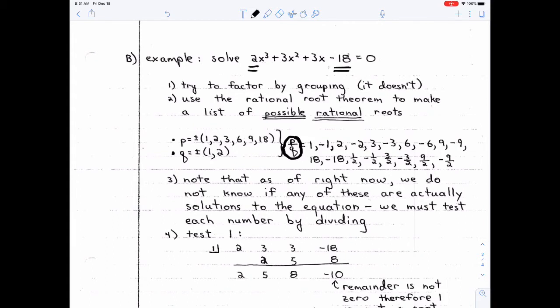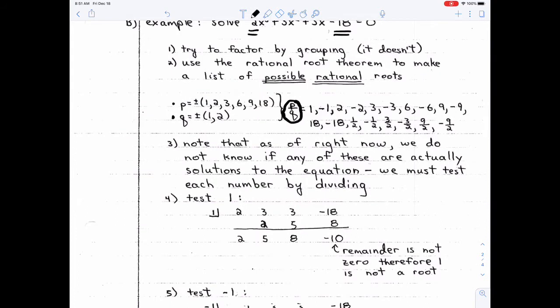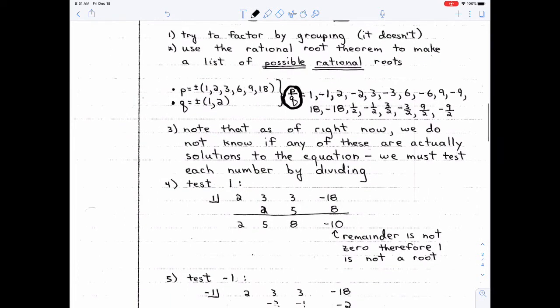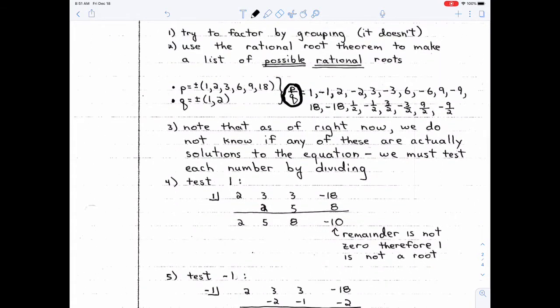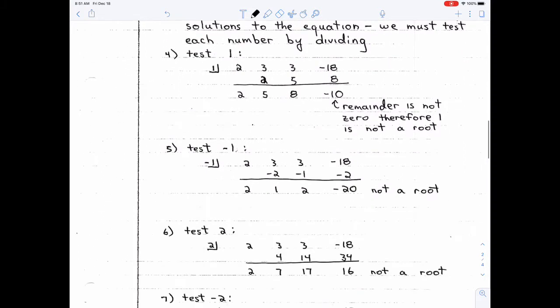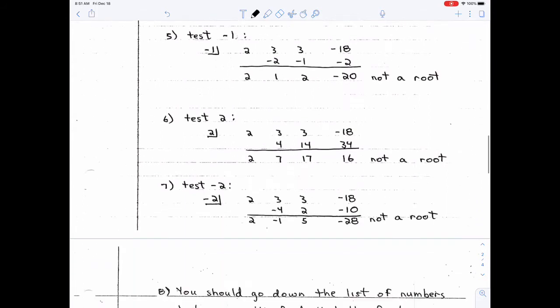First, we're going to test the number 1. That gave us a remainder of -10, so that's not a root. I'm just going down this list: 1, -1, 2, -2, 3, -3, 6, -6, 9, -9, and so on, until I get a remainder of 0. I test -1. That doesn't give me a remainder of 0. I test 2. That does not.